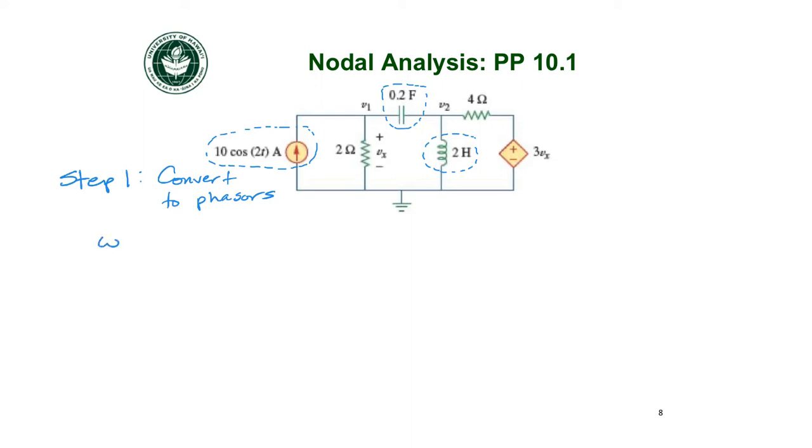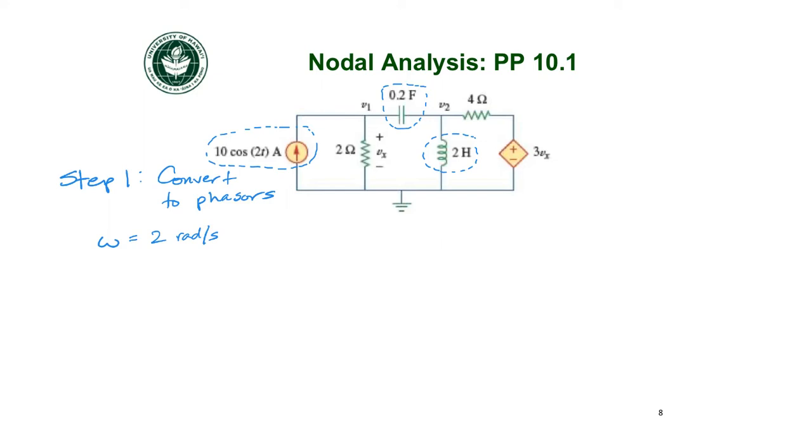So we know that the angular frequency omega is equal to 2 radians per second. And this is going to be the frequency of the current and the voltage throughout this circuit.